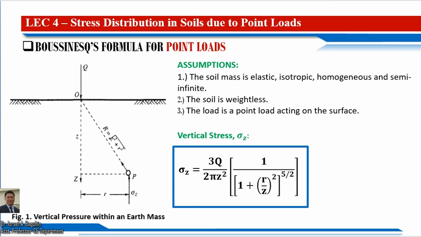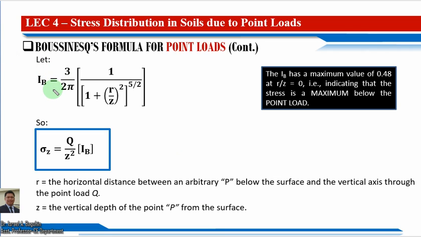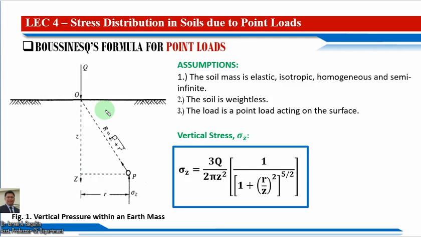As you can see here, we let I subscript B, the influence factor, be equal to 3 over 2 pi times the quantity 1 over 1 plus the ratio r over z squared raised to the 5 halves.